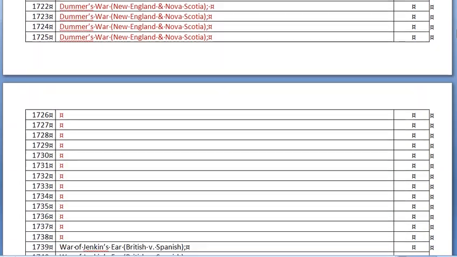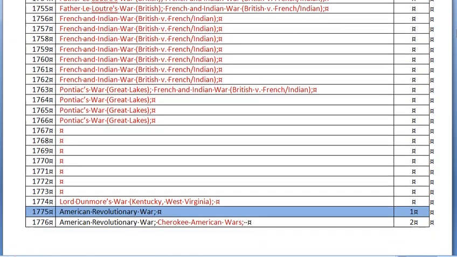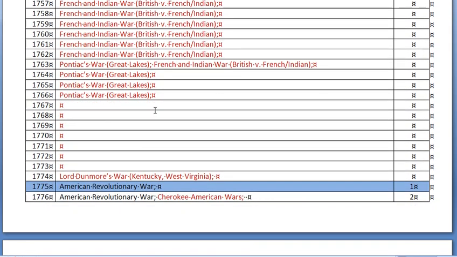Of course, 1775, we were fighting in the Revolutionary War. There's 1775, Revolutionary War, right? Now, if I have red here, this is not meant to be racial, but this shows wars against American Indians, right?